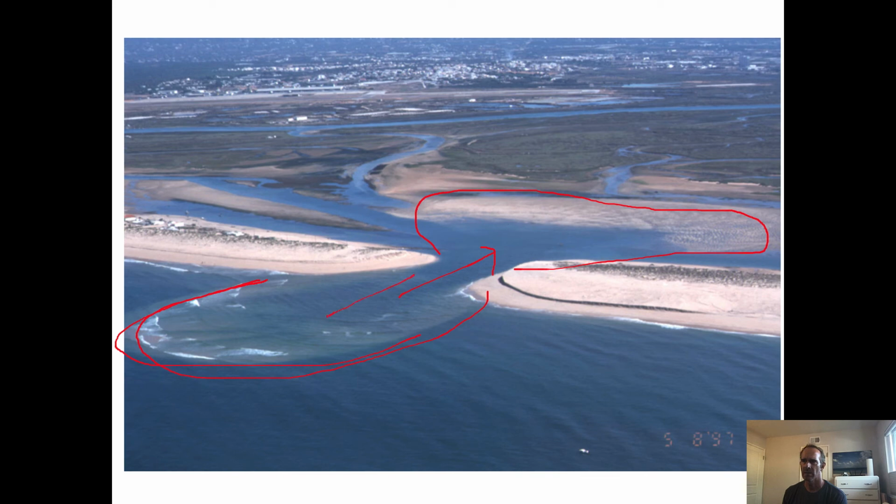When the tide's coming out, it's depositing sand here. And so we see these features in a few places along the California coast. The south end of Bolsa Chica is one, where they've made an artificial inlet to try to allow water to come into the Bolsa Chica wetlands. And you get these little deltas forming on the inboard and outboard side of those.